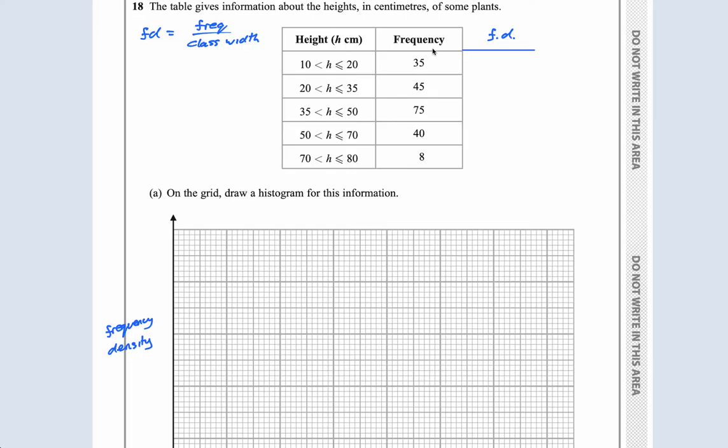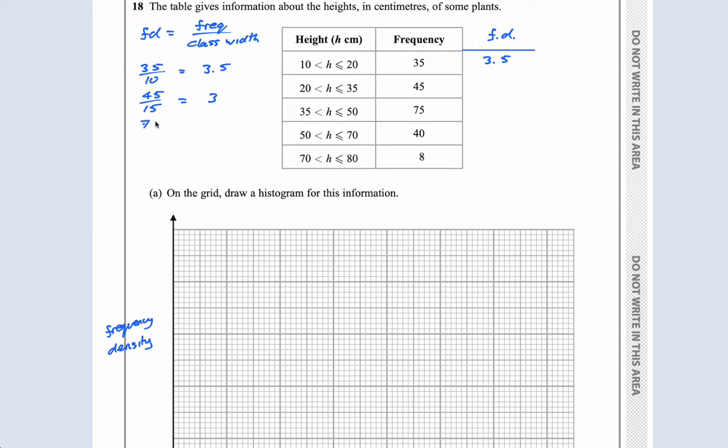What is the frequency? This guy is 35, so I do 35 over this class width, which is 10, because 10 to 20 is the distance between 10 and 20. So this frequency density is 3.5. Then I do 45 divided by 15, because this class width is 15. This divided by 15 is 3.